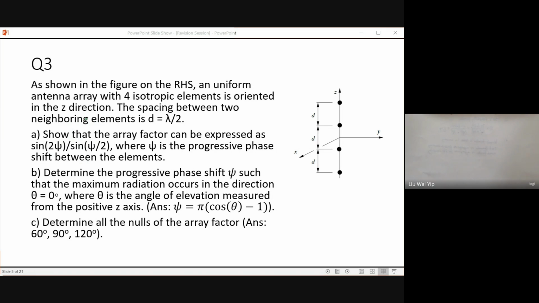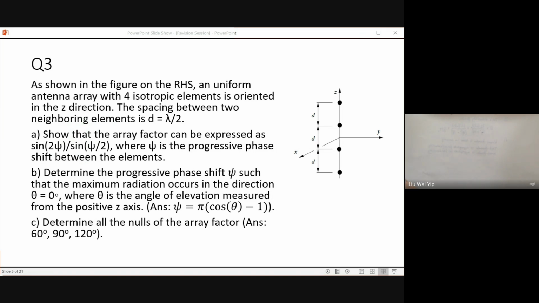We have four antennas placed along the z-axis, and the spacing between the antennas is lambda over 2.